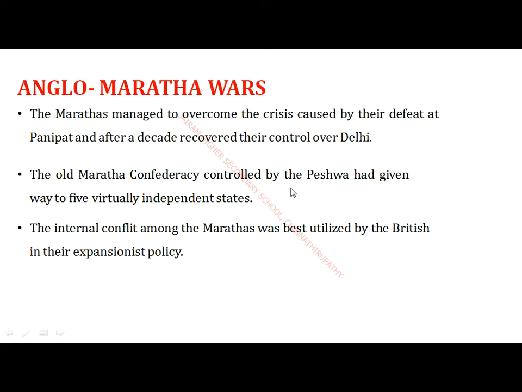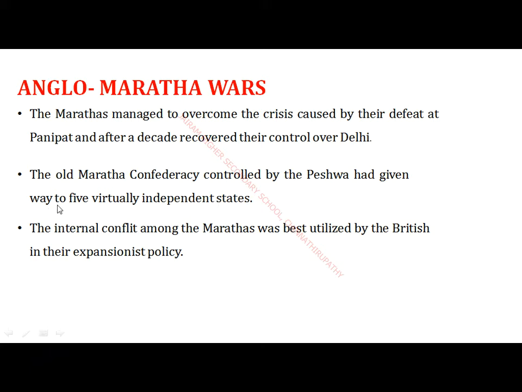So he controlled the entire Maratha region and gave a chance to nearly 5 virtually independent states. Take note of these 5 states, children: Peshwa at Pune, Gaikwads at Baroda, Bhonsle at Nagpur, Holkars at Indore, and last one, Scindias at Gwalior.